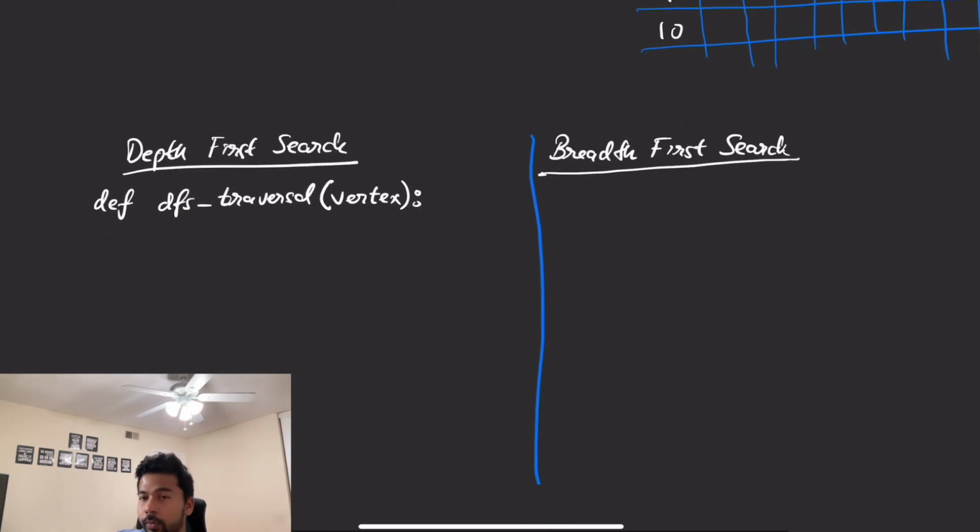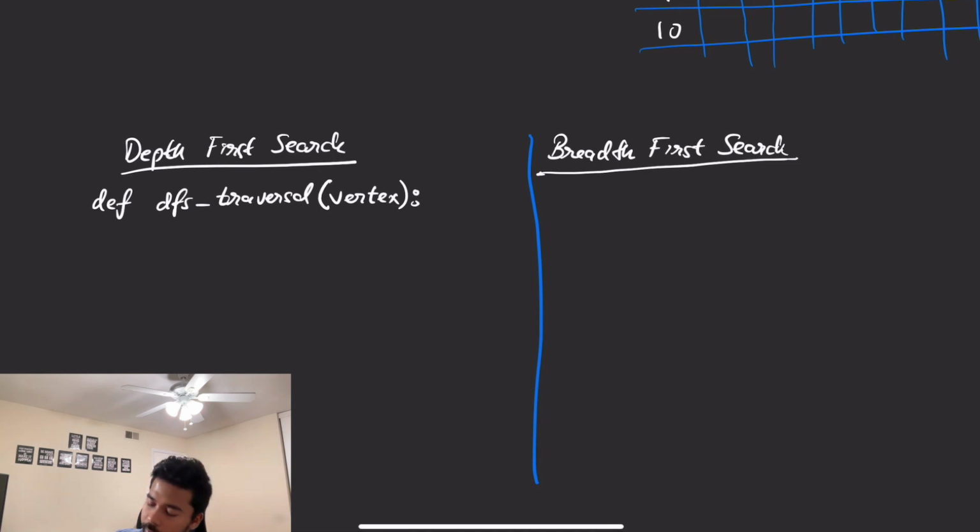So in order to prevent that, you would need what's called a visited array, right? You would need a visited array because you don't want to go back to where you came from. That's what the visited array does, right? So that's why you need that array.